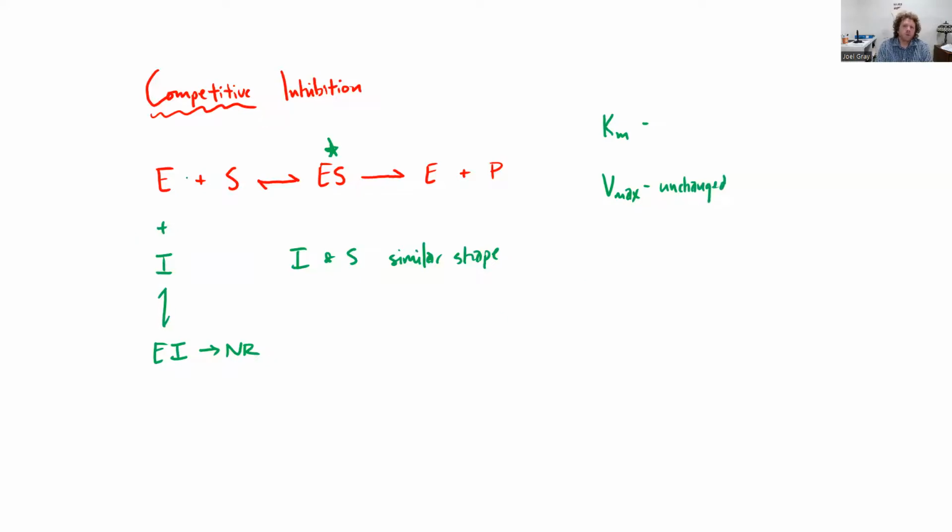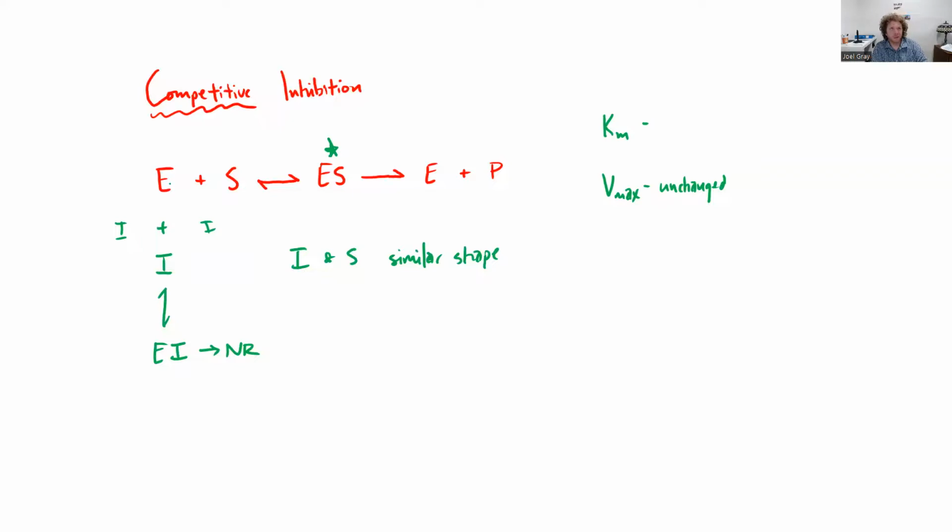Now, the affinity that your enzyme has for your substrate is actually going to be changed in the case of a competitive inhibitor. Let's say that we have an equal shot at binding the inhibitor or the substrate, and let's say that you have 3 copies of the inhibitor.